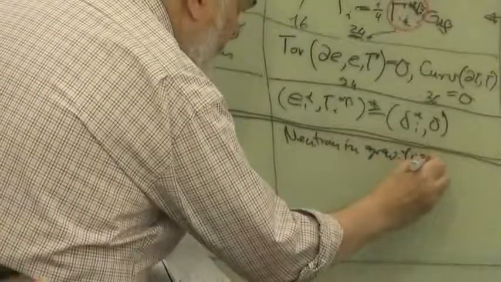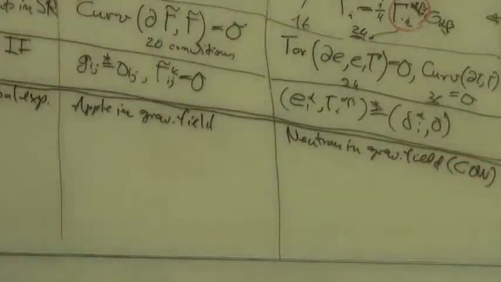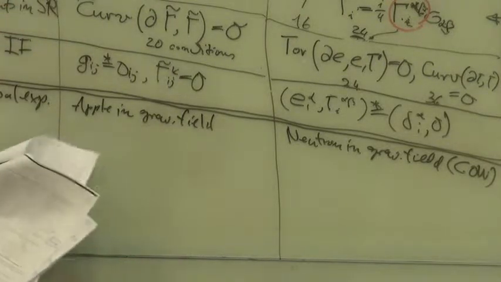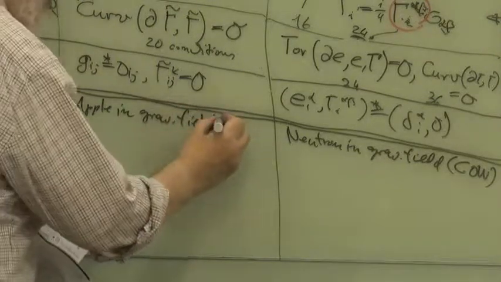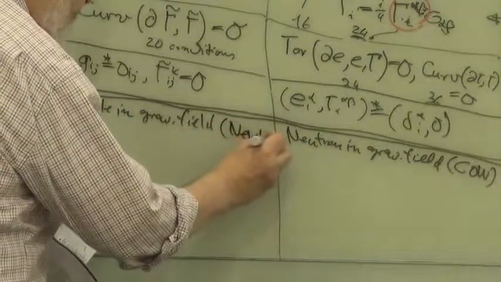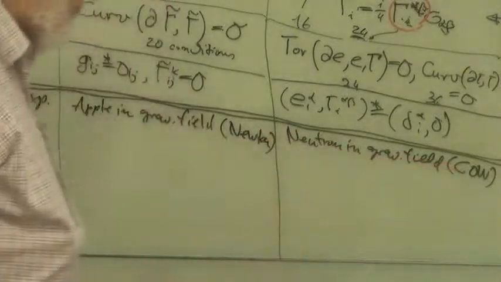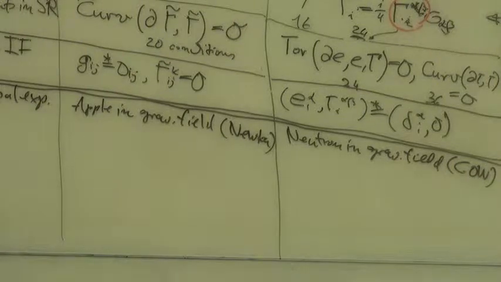But not only a neutron, but a neutron wave. So the COW type experiment. When Newton thinks about his gravitational field, he thinks of the apple, presumably falling on his head, but we can only think of the COW experiment in this situation, and this makes the difference.